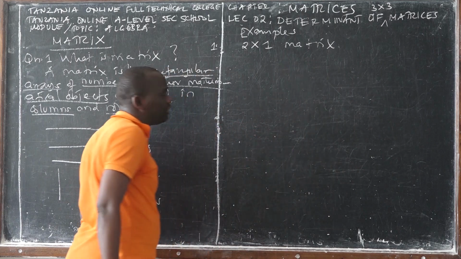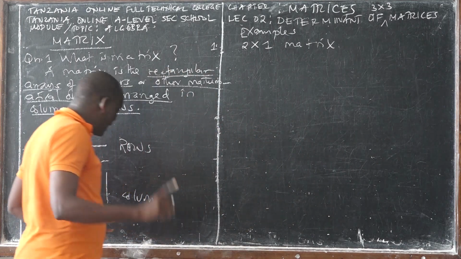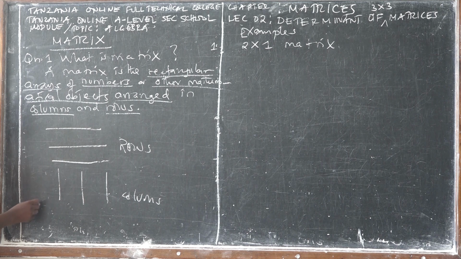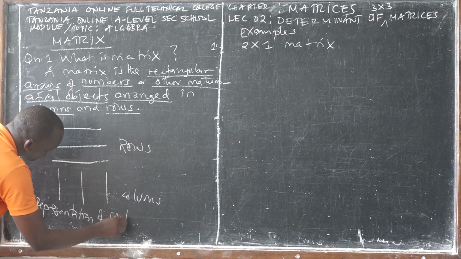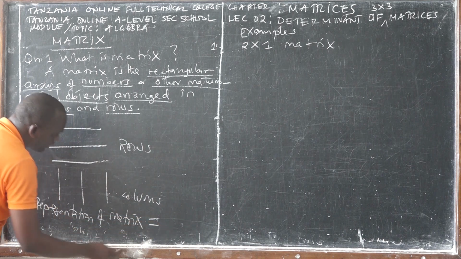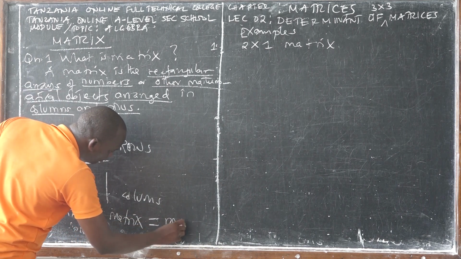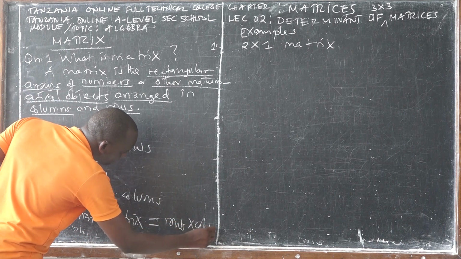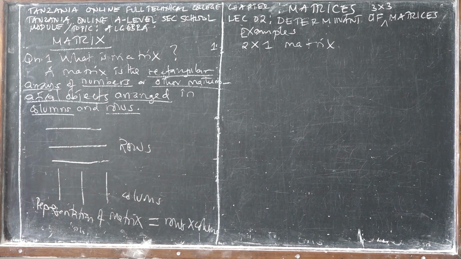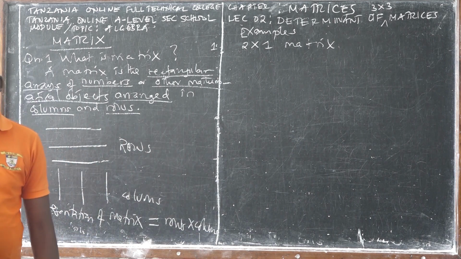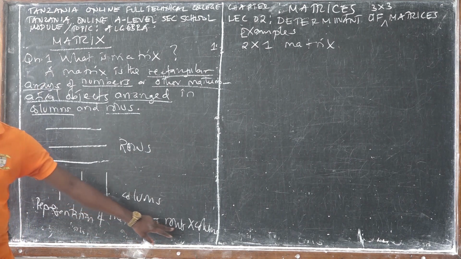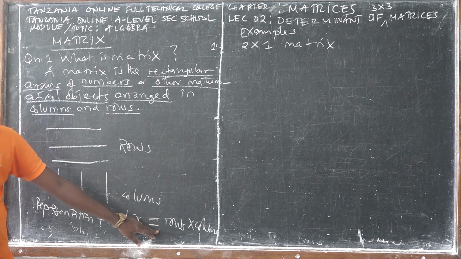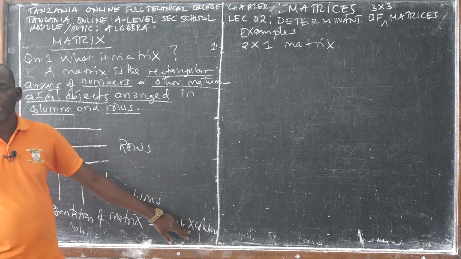We represent a matrix as rows times columns. The number before the multiplication sign represents the number of rows, and the other represents the number of columns.